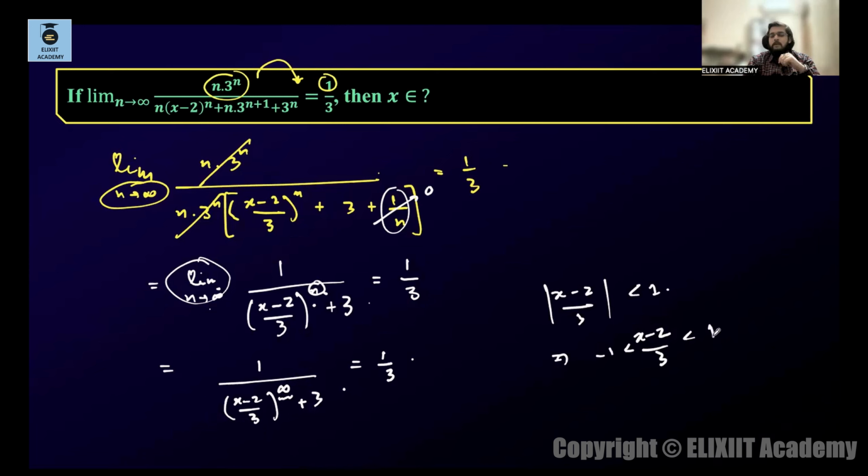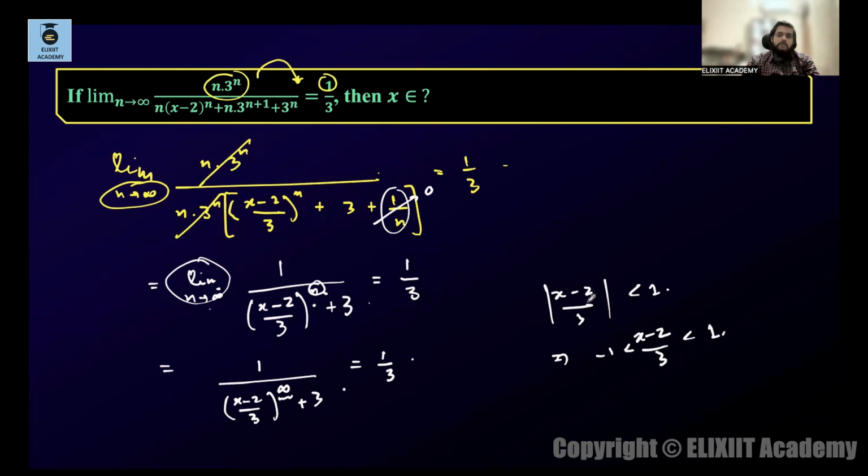Whenever the mod of some quantity is less than 1, the quantity lies in between minus 1 and 1, and when you raise it to the power of infinity, that will tend to 0.